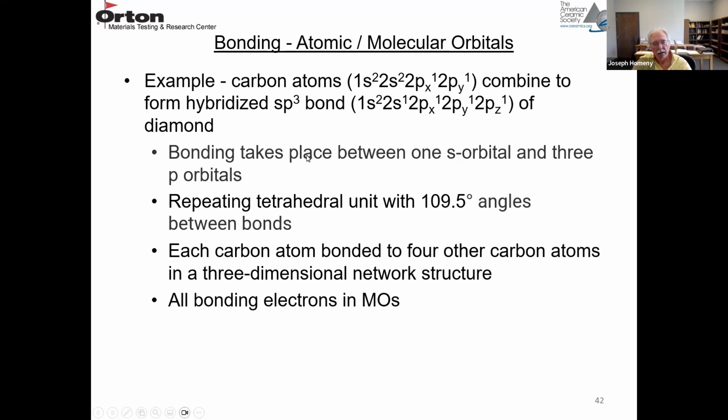But now bonding takes place between one s orbital and all three p orbitals. So now you're forming tetrahedral units, and they have angles of 109.5 degrees between the bonds. So now each carbon atom is bonded to four other carbon atoms.